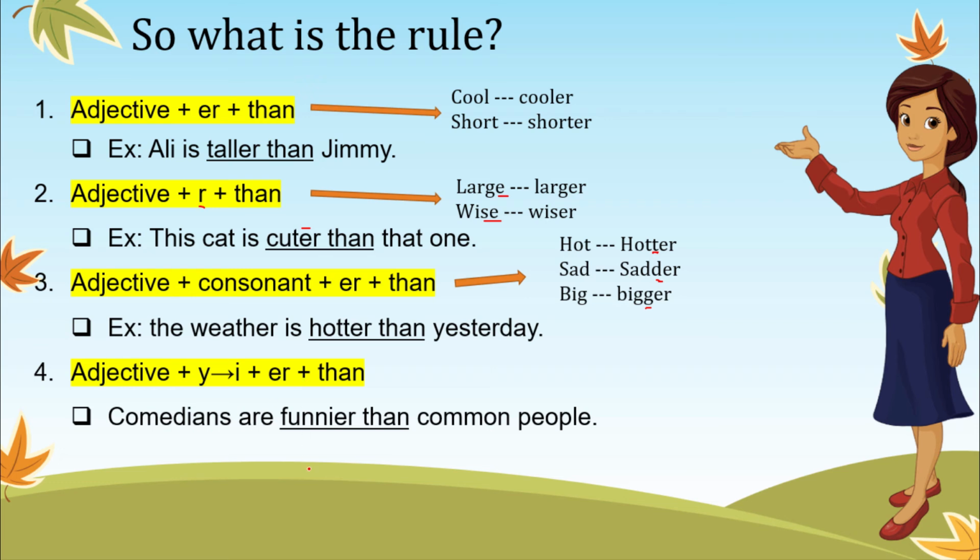Examples include scary, scarier. Ugly, uglier. Skinny, skinnier. Y becomes I.